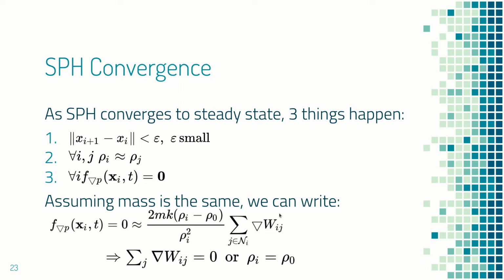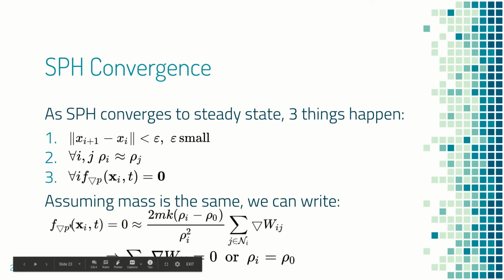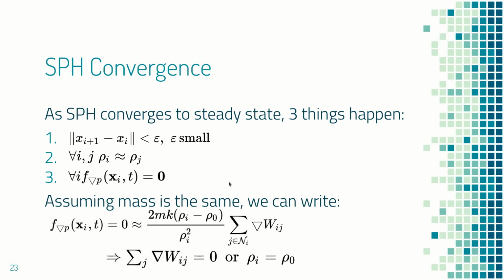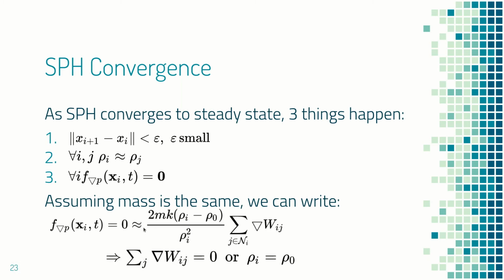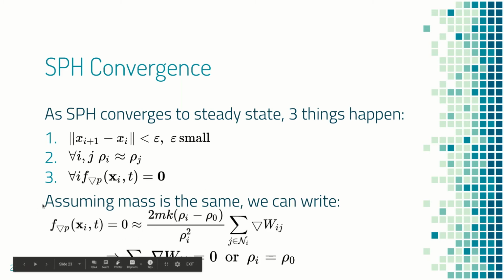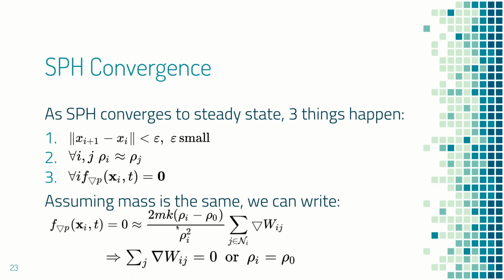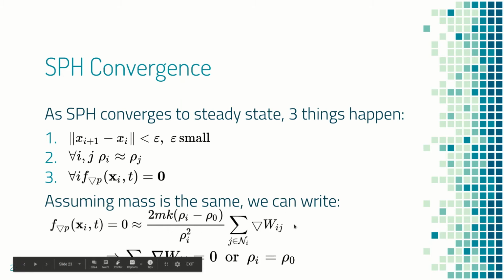Assuming the mass is the same for each particle, which is just m, we can essentially write this formulation, which is the convergence of the pressure gradient, to say that this term here is also tending to zero.